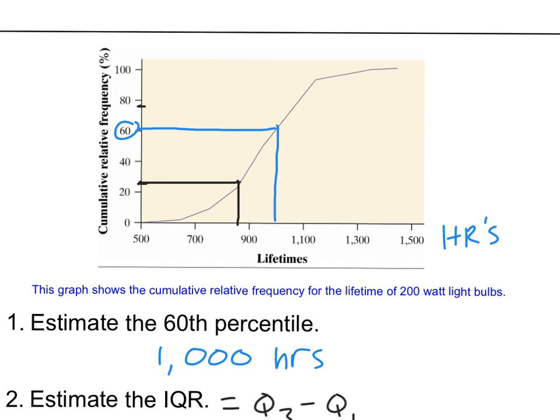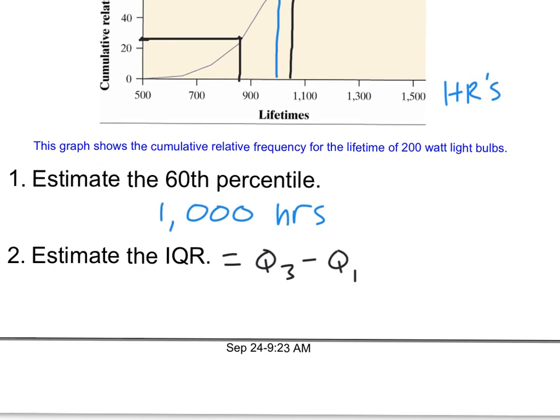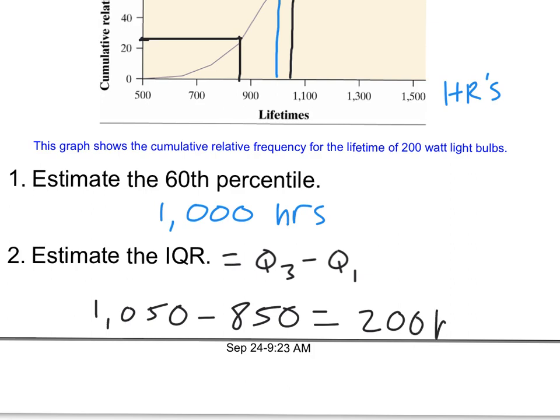I'm going to say 850. Between 900 and 1,100, a little bit closer to 1,100, I'm going to say 1,050. So Q3 was about 1,050. I thought Q1 was about 850. The interquartile range would be 200 hours, roughly.